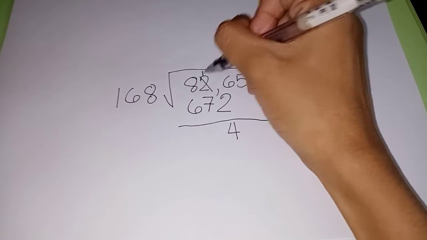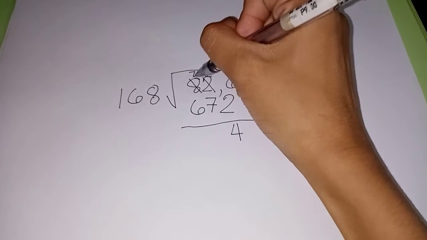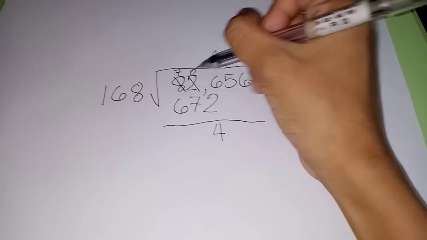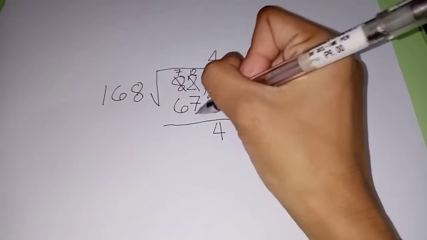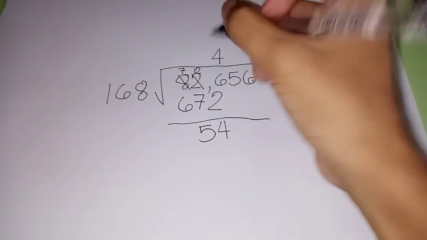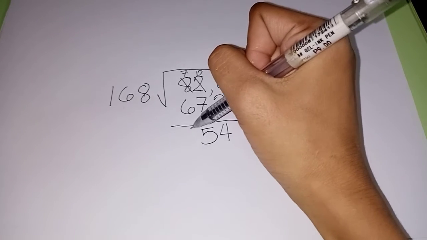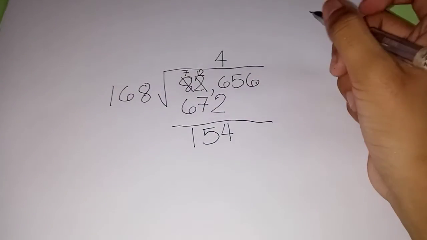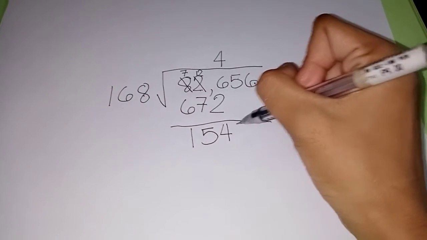So this will be 12, and this one will become 7. 12 minus 7 is equal to 5. And 7 minus 6 is equal to 1. And now we will bring down the number 5.